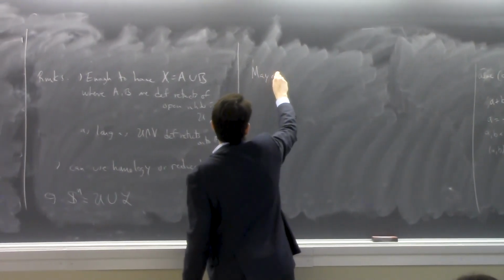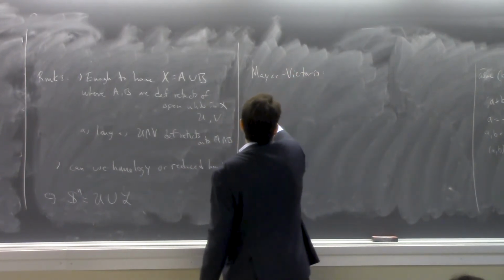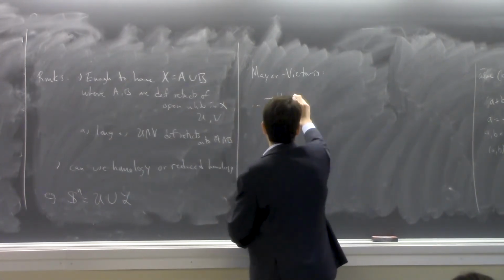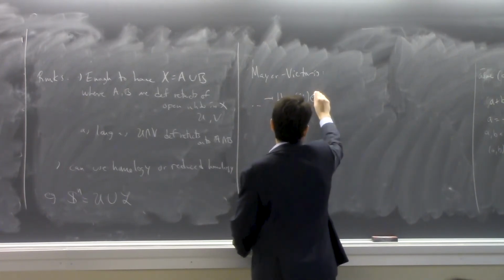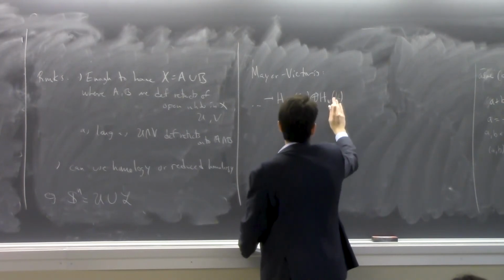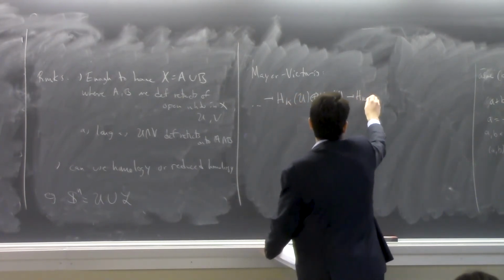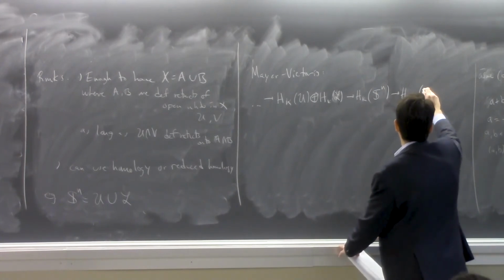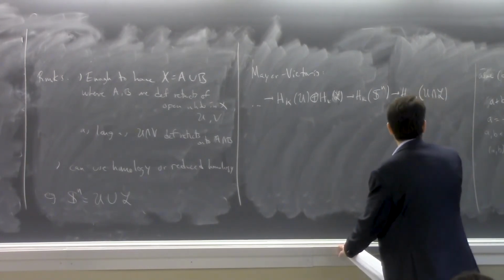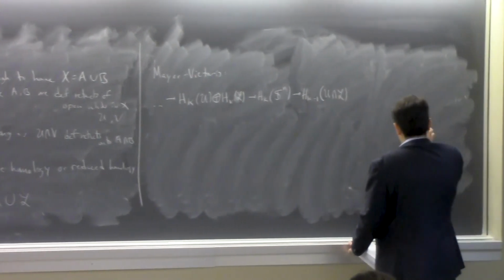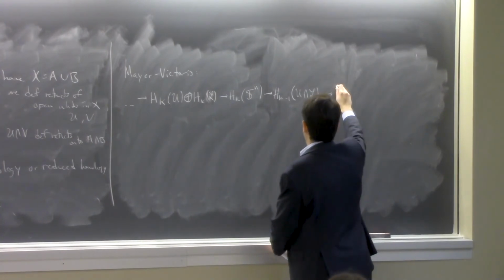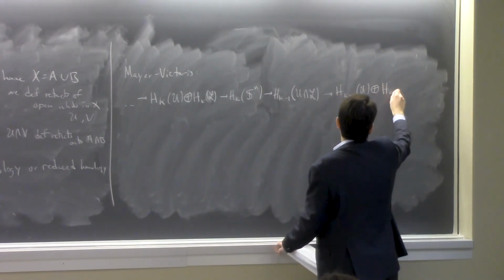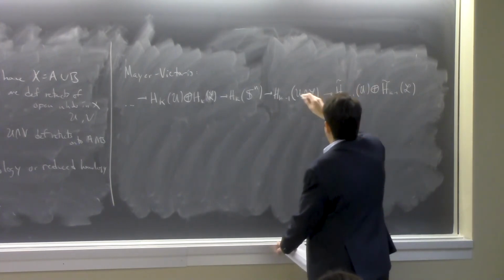So then Mayer-Vietoris has H k of U plus H k of L maps to H k of X, which is S n, maps to H k minus 1 of the intersection, which maps to H k minus 1 of U plus H k minus 1 of L. Let's go ahead and put tildes on things.